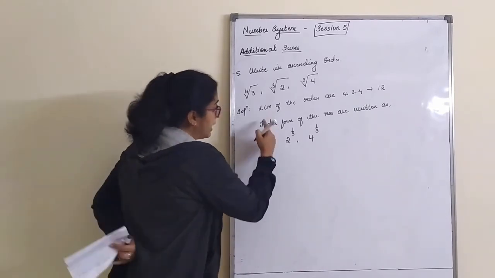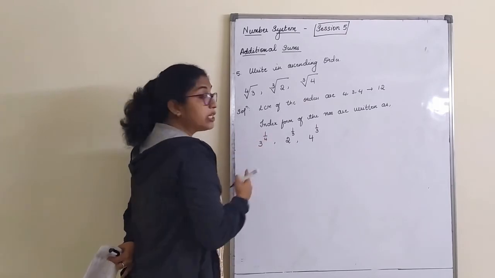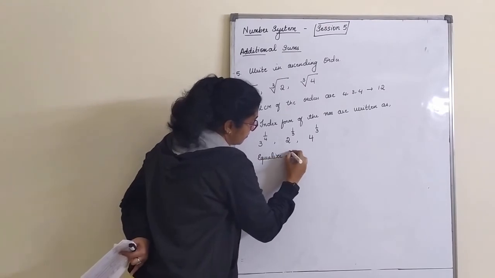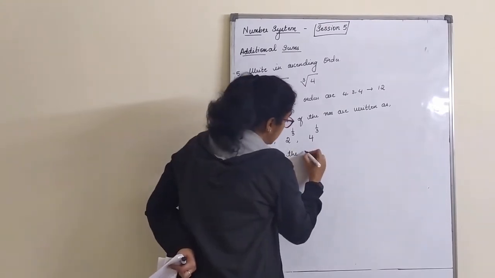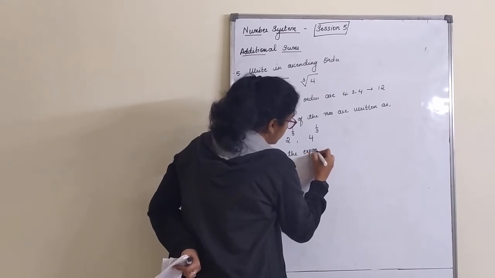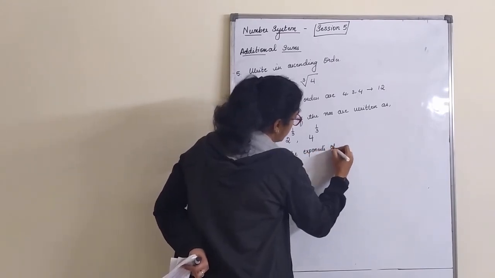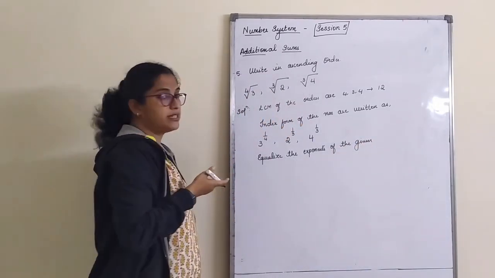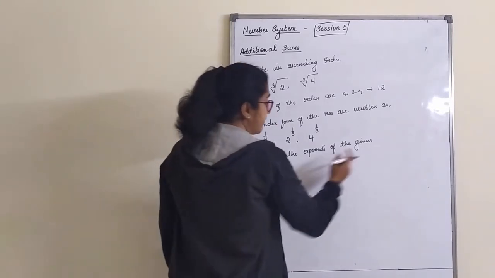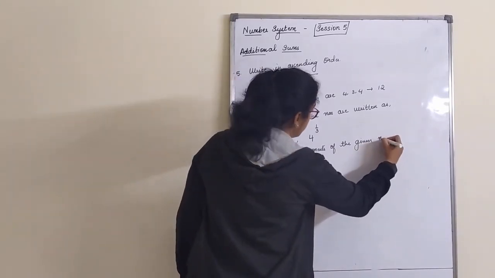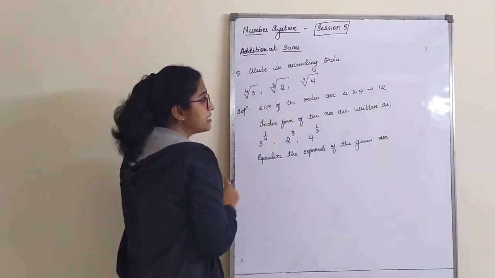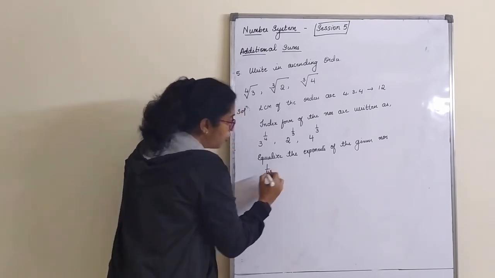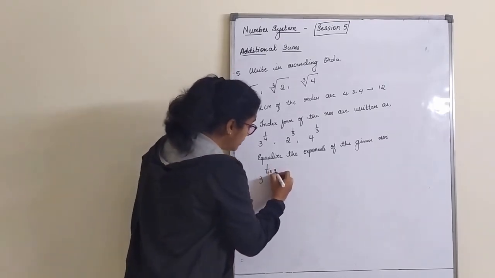Now equalize the exponents of the given numbers. Now children, if it is asked for 1 mark, you will not follow these steps. These steps are only for your understanding. Equalize the exponents of the given numbers. How do we have to equalize? LCM is 12. So 3 raised to 1 by 4, 4 into what will give you 12? 4 into 3 will give you 12.